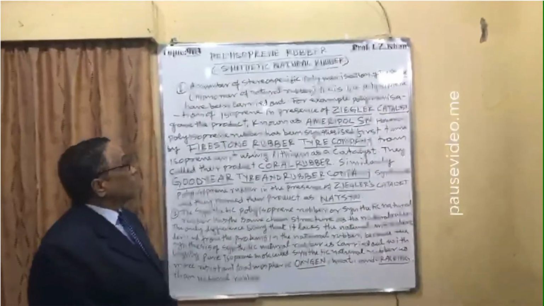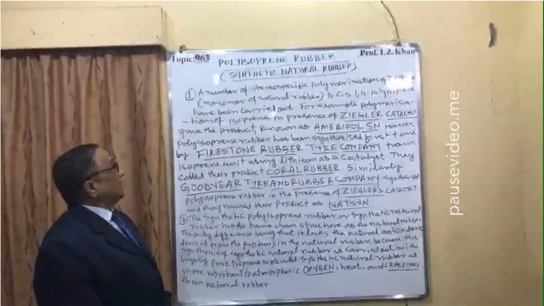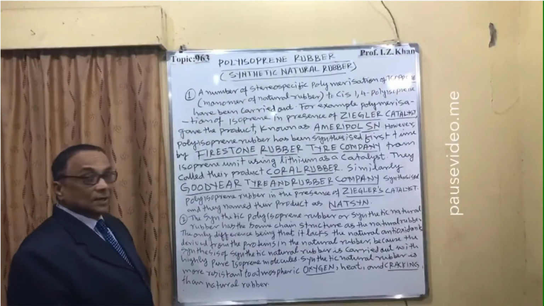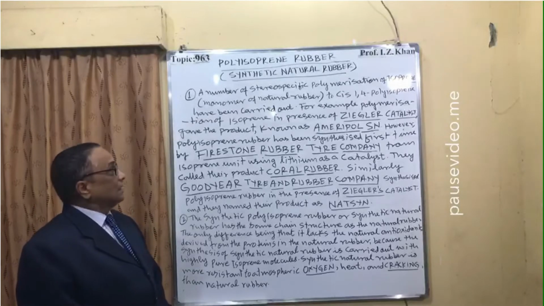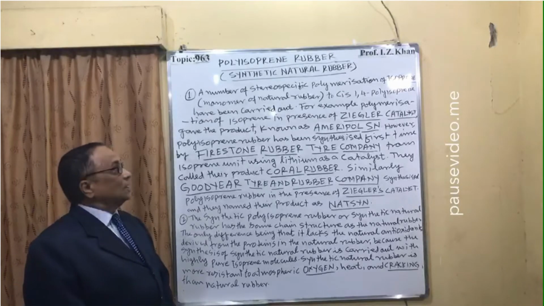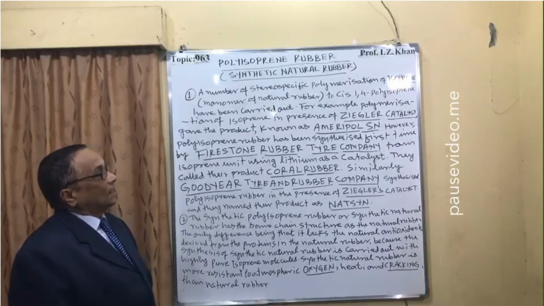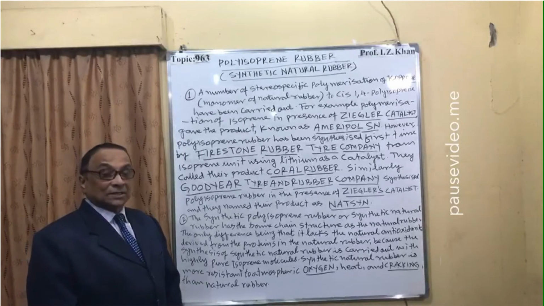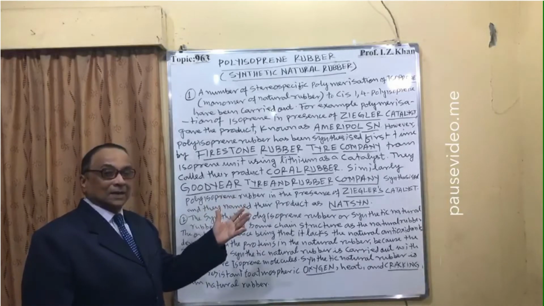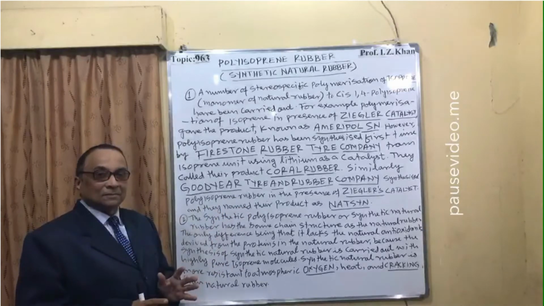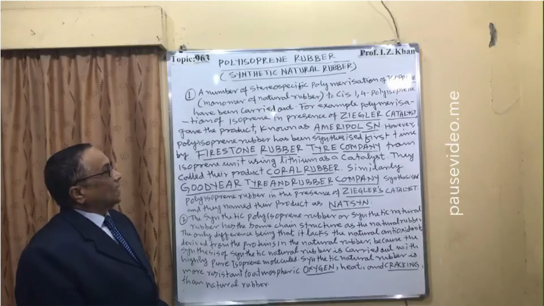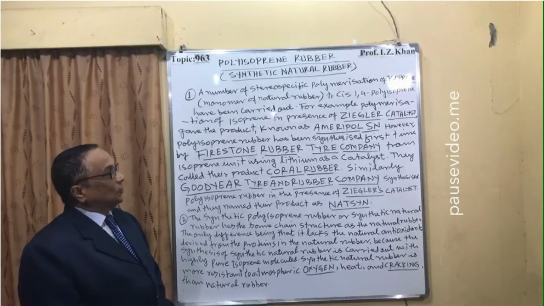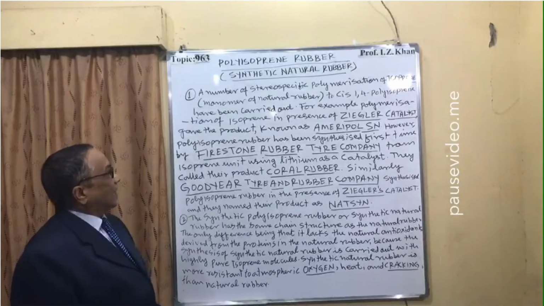So here, number one, stereospecific polymerization of isoprene, that is the monomer of natural rubber. That isoprene is actually C5H8, I have already discussed in the beginning. That is the monomer of polyisoprene rubber. Polymerization to cis-1,4-polyisoprene has been carried out.